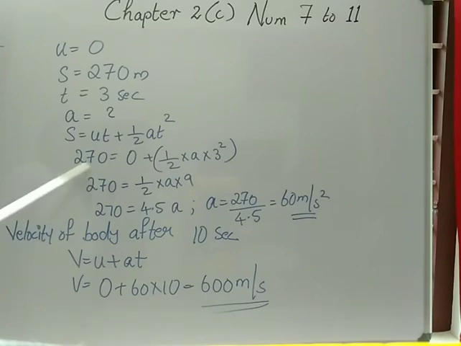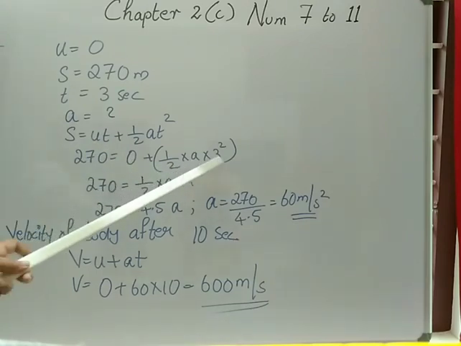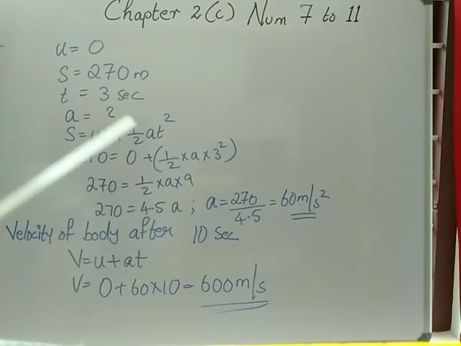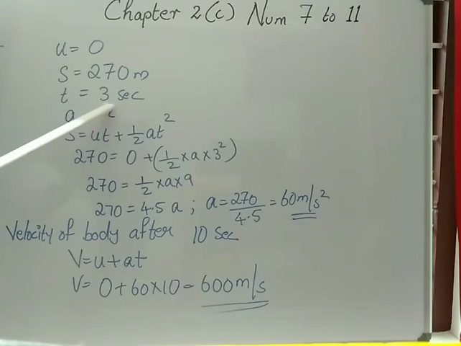s is given, 270 is equal to 0. u is 0, so 0 into t becomes 0. So directly I wrote here 0 plus half into a into t square. Here I took 3 square, because the first time given is 3.